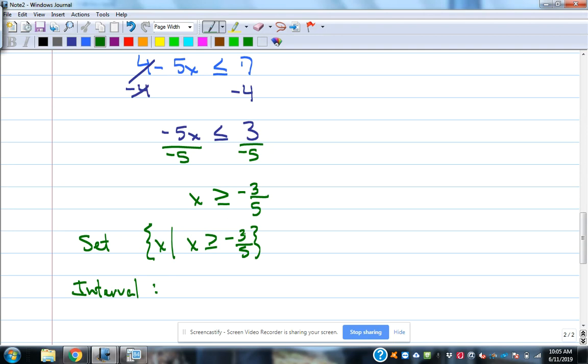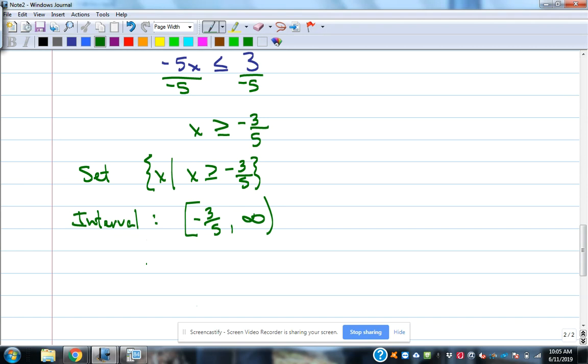Greater than or equal to, so that means I'm going to start at negative 3/5 and go to infinity. The graph, I'll show you how to do the fractions on the graph. Easiest way to do that is actually put the fraction in the middle that's in your answers, and then change the numerator on the top.